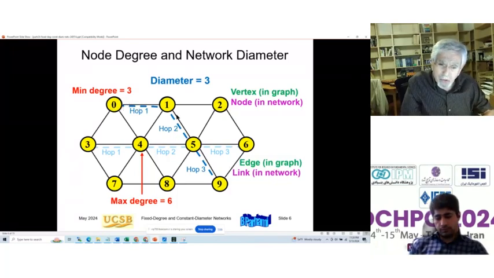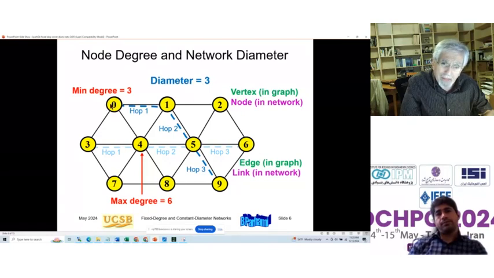In going from node 0 to node 9, the shortest path goes from 0 to 1, 1 to 5, and 5 to 9, so we have 3 hops. In going from node 3 to 6, we also have 3 hops: hop 1, hop 2, hop 3. And in fact, the diameter of this network is 3. In other words, there is no distance in this network that is greater than 3.